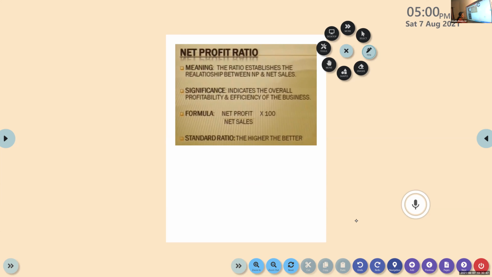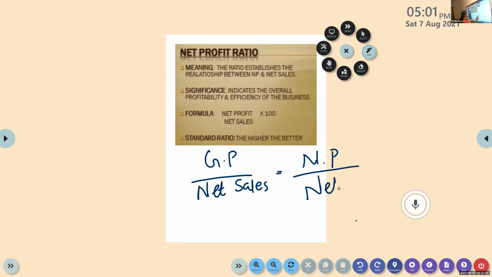It is very similar to gross profit ratio. Earlier it was gross profit, GP divided by net sales. So what is net profit ratio? It is net profit divided by net sales. Okay. Net profit divided by net sales.